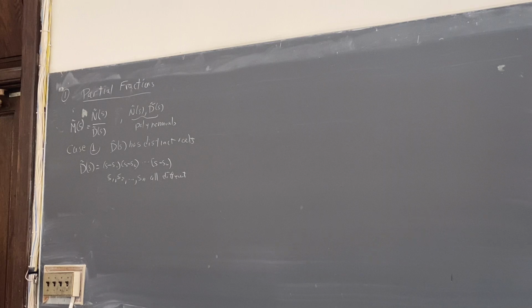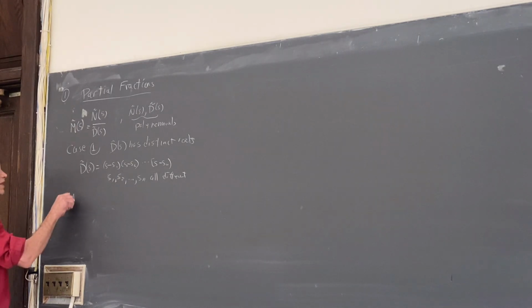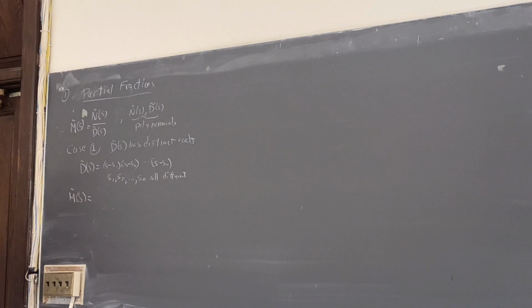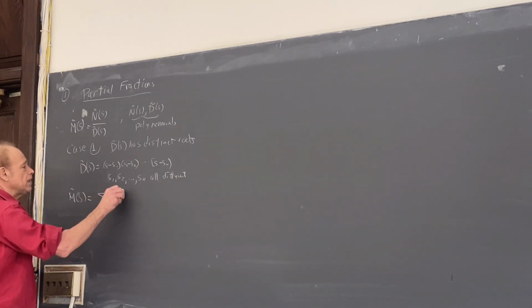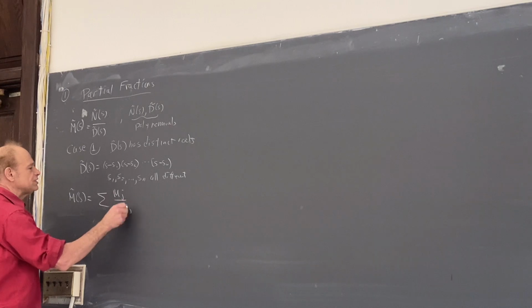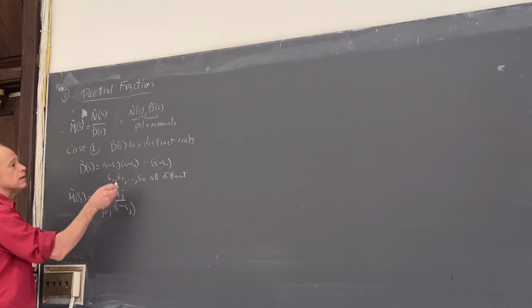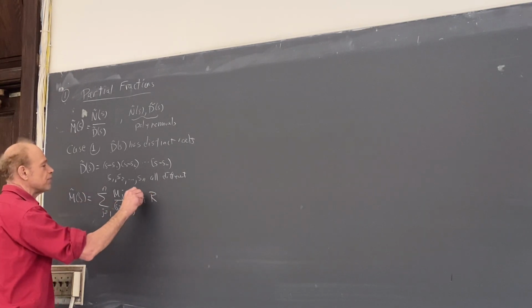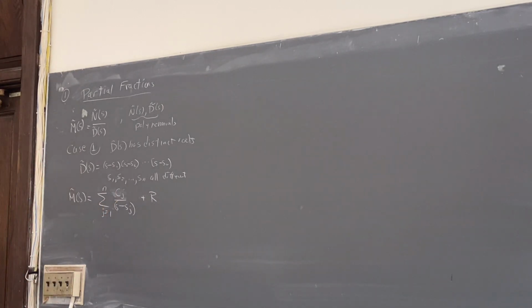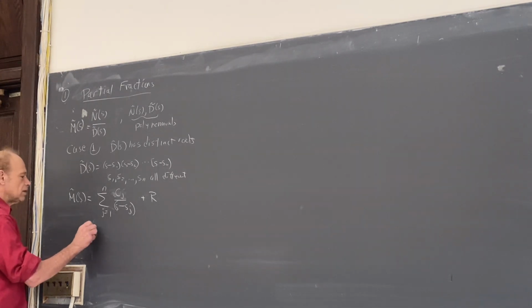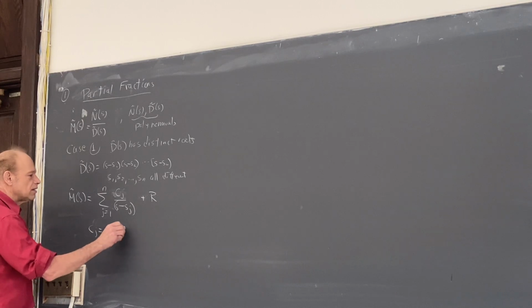And that's what I mean by distinct roots. And in that case, we saw that m tilde of s could be written as a sum of cj over s minus sj, j equals 1 to n, plus possibly some remainder, where cj was equal to mj of sj.